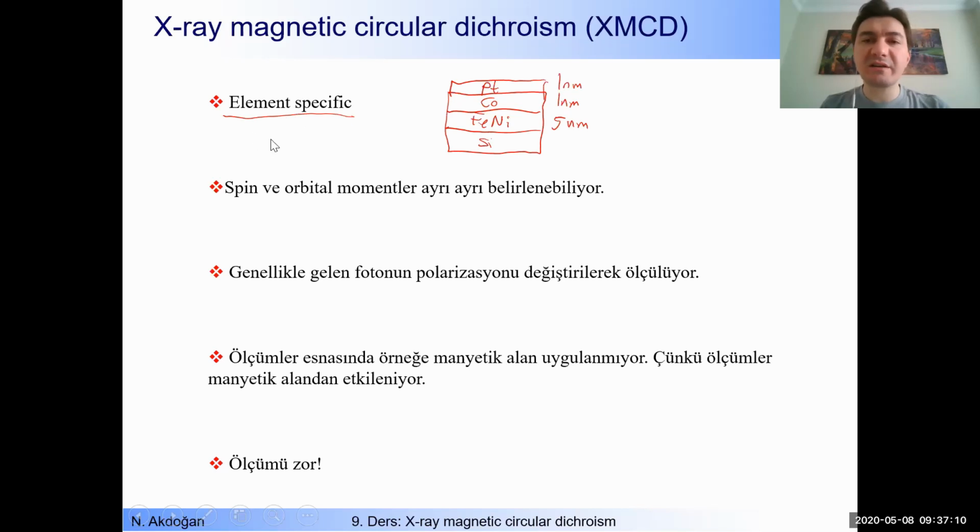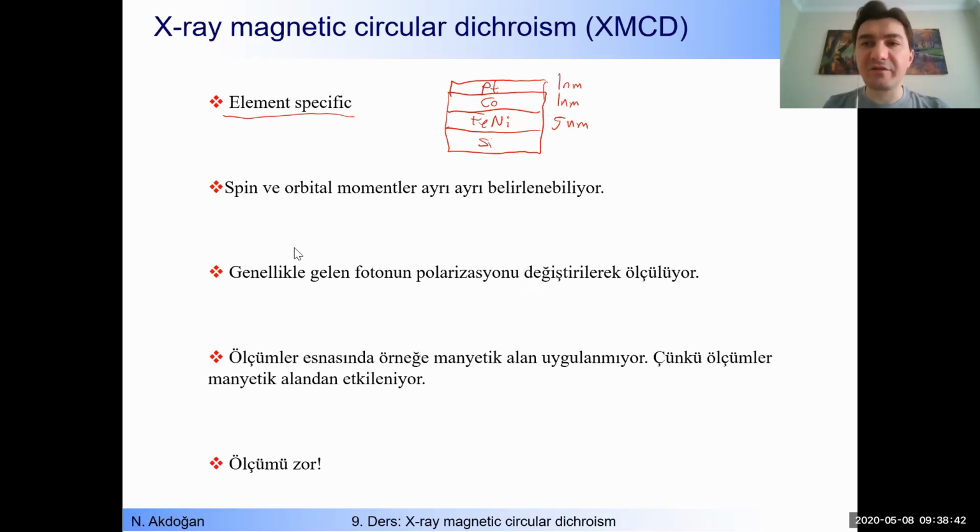So what about other advantages of this method? We can determine spin and orbital magnetic moments of the elements and materials and the layers separately. This is also a very unique feature in XMCD, and we measure XMCD signals by changing the polarization.